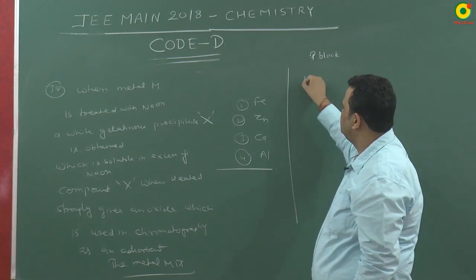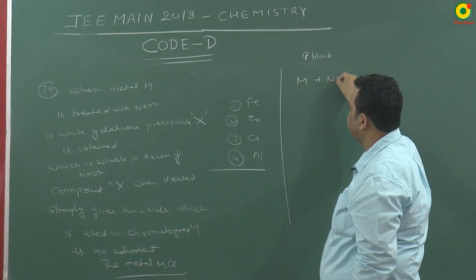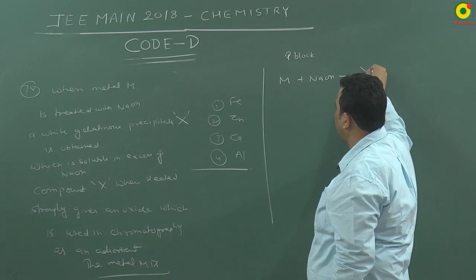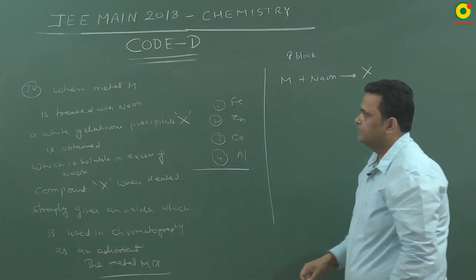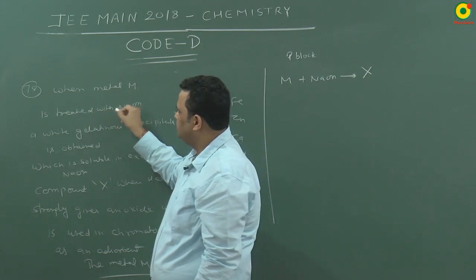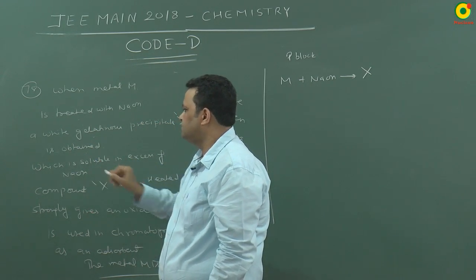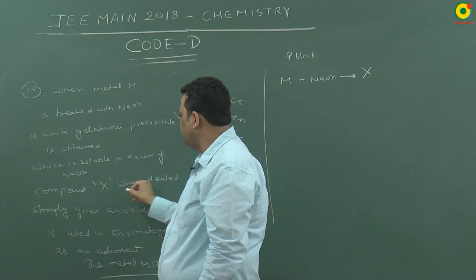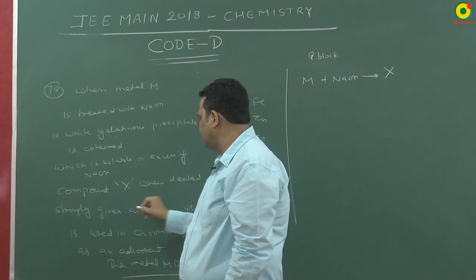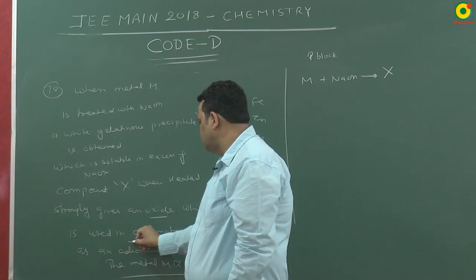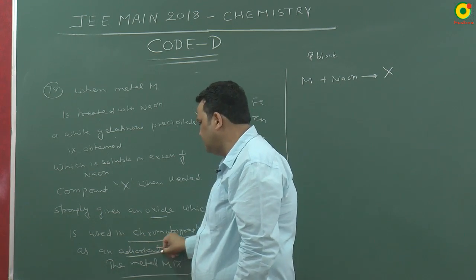When metal M is treated with NaOH, a compound X is obtained, a white gelatinous precipitate which is soluble in excess of NaOH. The compound X, when heated strongly, gives an oxide which is used in chromatography as an adsorbent.